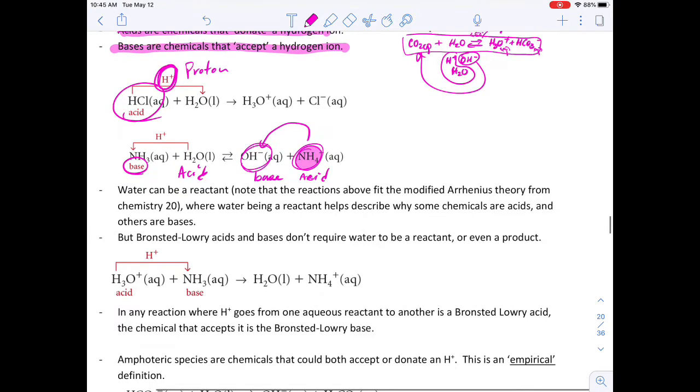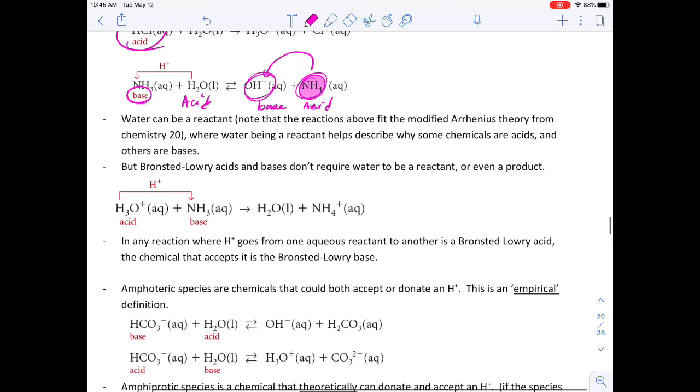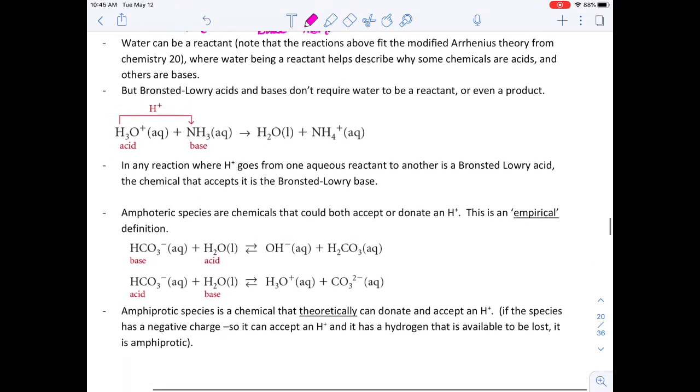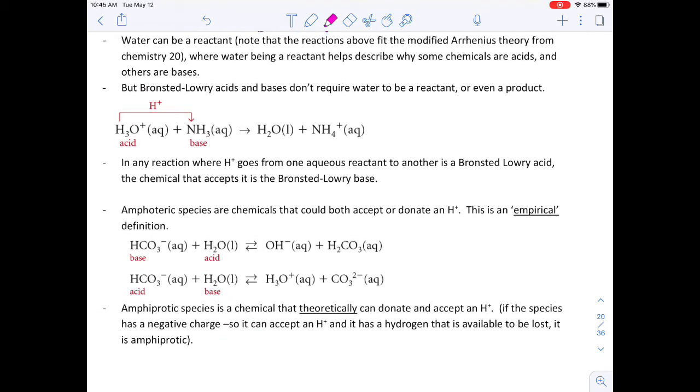But water can be a reactant. Note that the reactions above fit the modified Arrhenius theory from Chem 20, where water being a reactant helps describe why some chemicals are acids and others are bases. But they don't require water to be a reactant or even a product. You can see here that my hydronium is donating its hydrogen, so it's the acid, and the ammonia is my base because it's accepting the hydrogen.